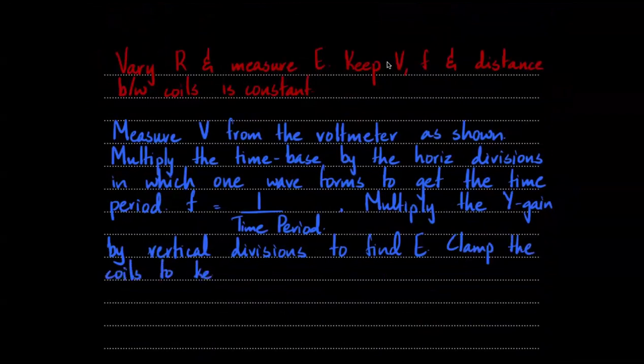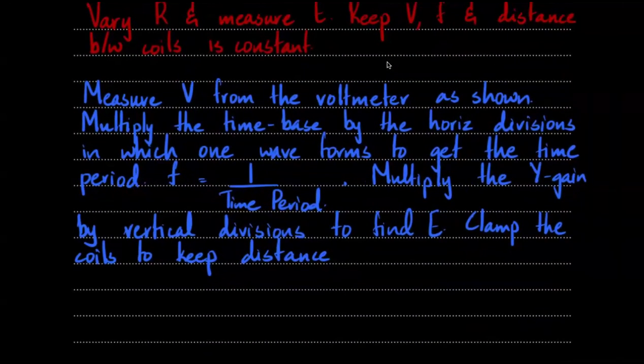All right, so do keep this in mind that whenever you are talking about keeping some variable constant, most of the times you can get marks for talking about how you keep them constant. So to keep the distance between coils constant.